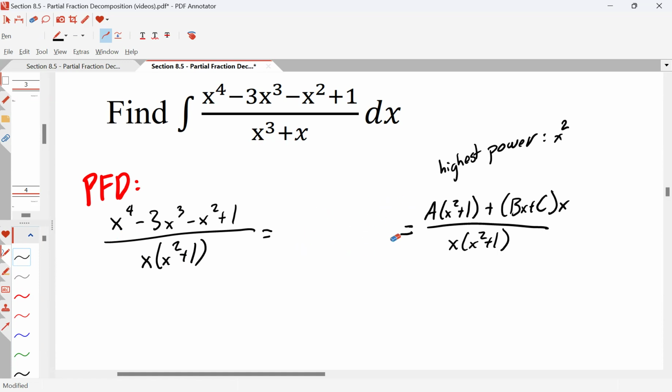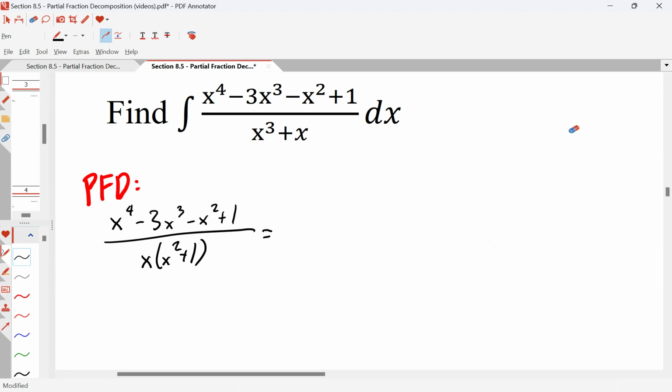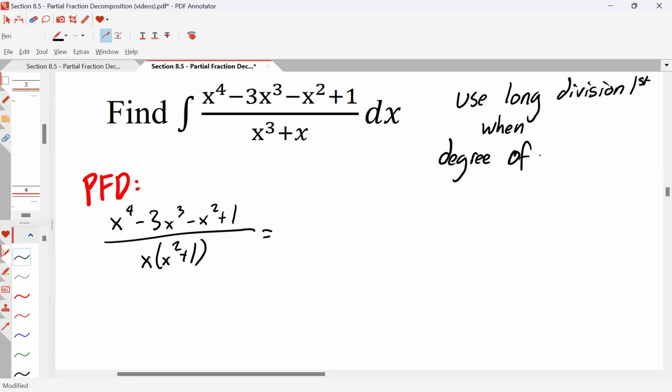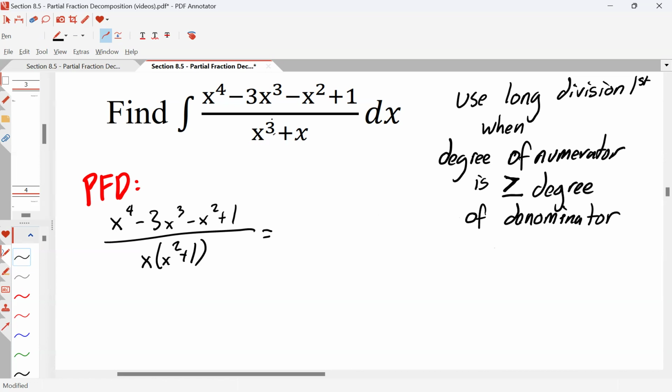And we are going to use long division when the degree of the numerator is greater than or equal to the degree of the denominator. So looking at that denominator, it is a cubic. So if the numerator is a cubic, we need long division.